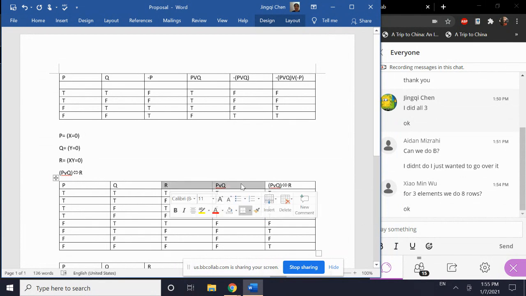I would just use these two, the P versus Q. I mean, P or Q, if and only if R. So true, true would be true, and false, true would be false, because it's only if both of them were true. And then I just did the same for all of them, and then false, false would be true because both of them were false.